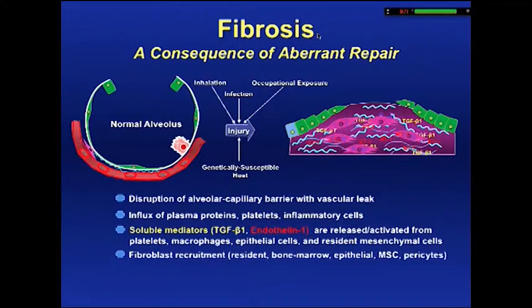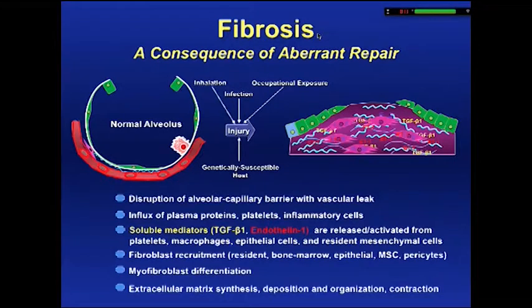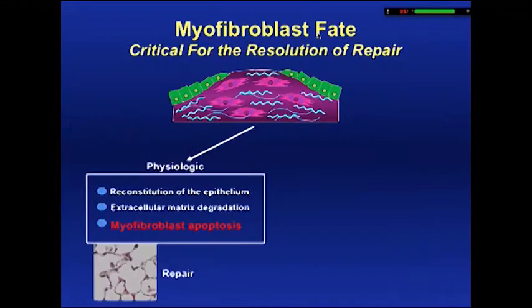Fibroblasts from a variety of sources are recruited into this environment where, under the influence of the soluble mediators and biomechanical factors, they undergo differentiation into myofibroblasts, which make, deposit, organize, and contract the extracellular matrix. And all of that is a normal part of wound healing.